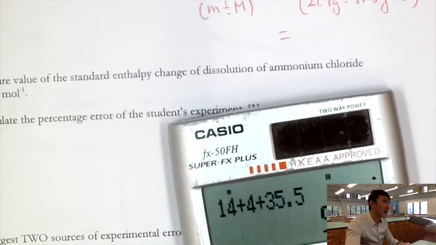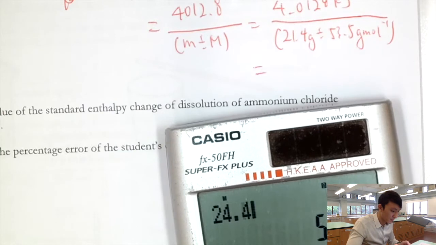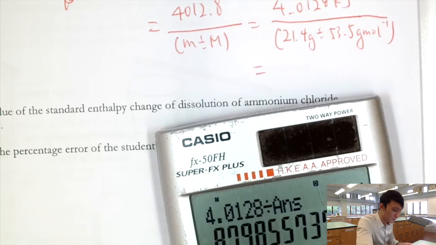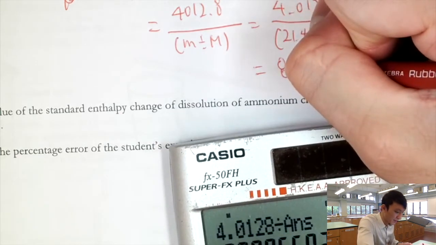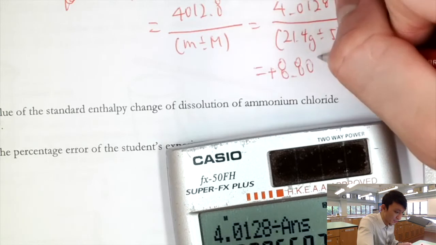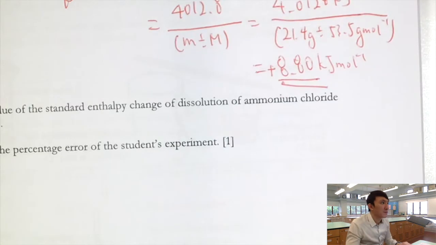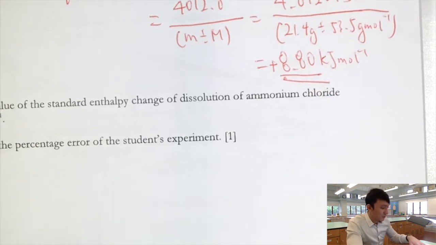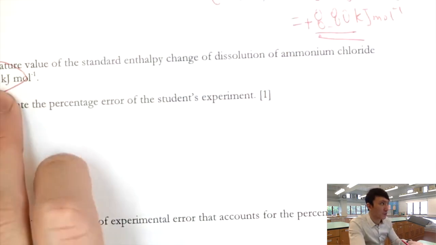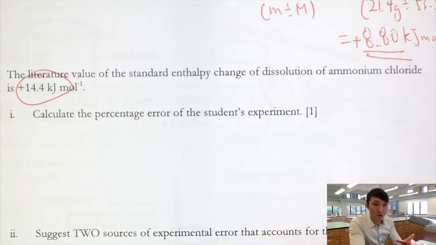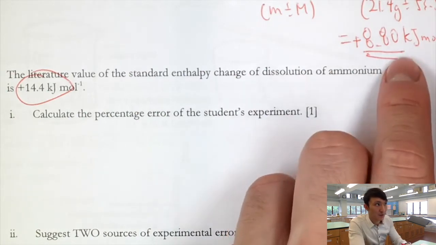Okay, and at the end we should get positive 8.80 kilojoule per mole. Now, the literature value here is positive 14.4. So this one is larger than what we have calculated. That means the reaction should absorb even more heat than we have measured.